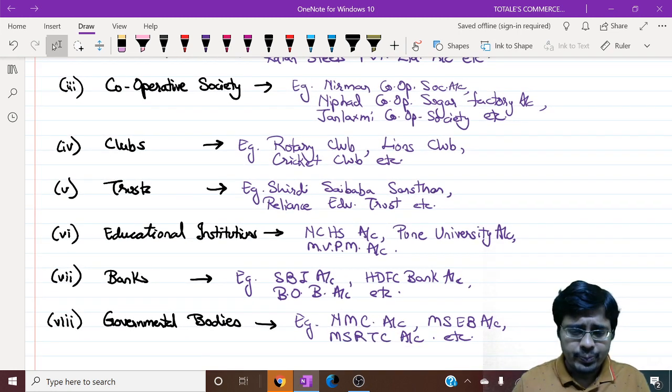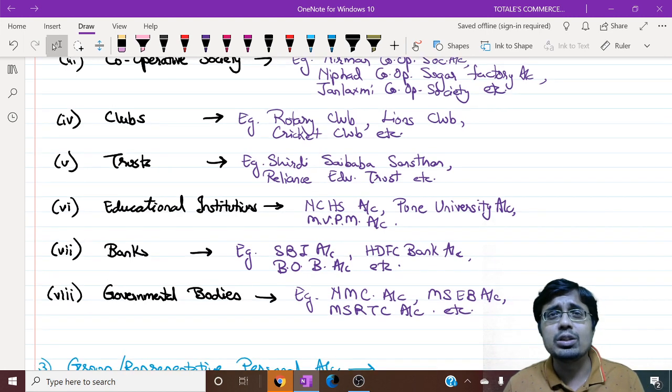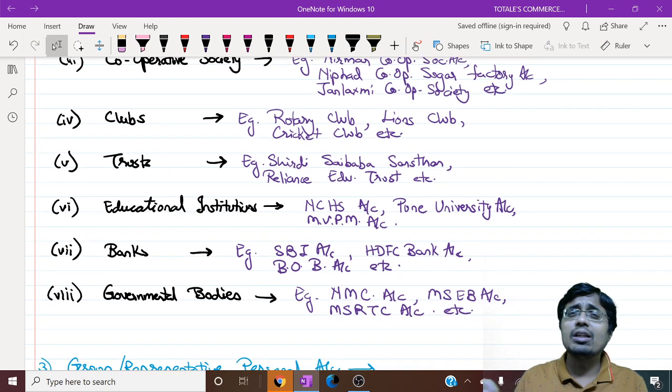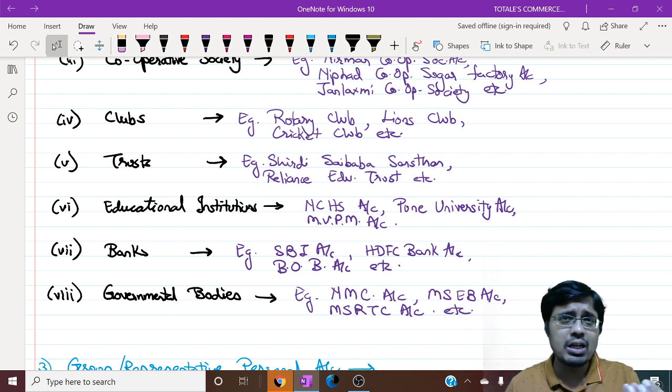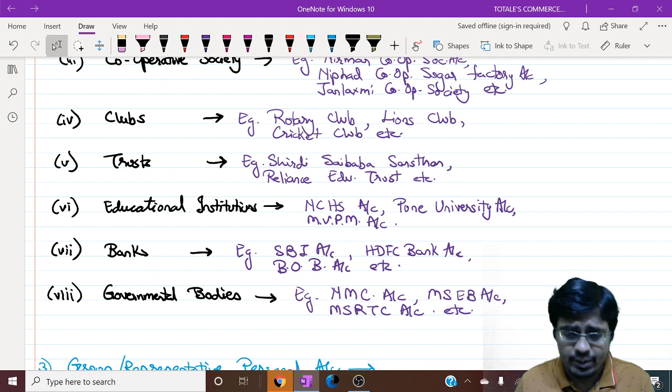Dhirubhai Foundation, educational institutions. So it deals with schools, colleges, and other educational institutions. Nirmala Convent High School account, Pune University account, Maratha Vidya Prasarak Mandal account, etc. Banks.